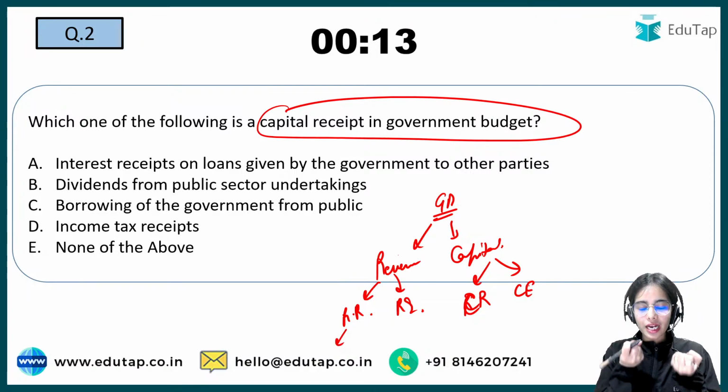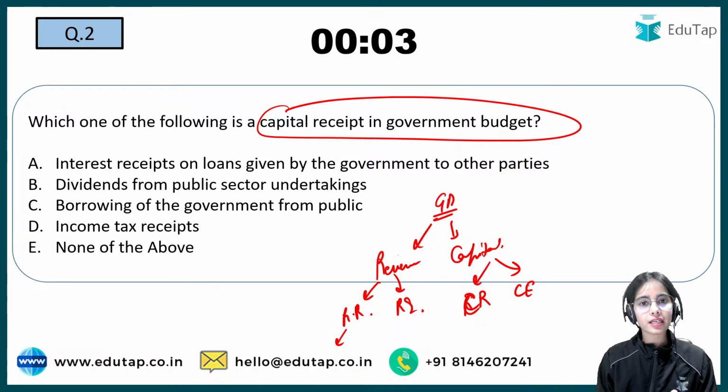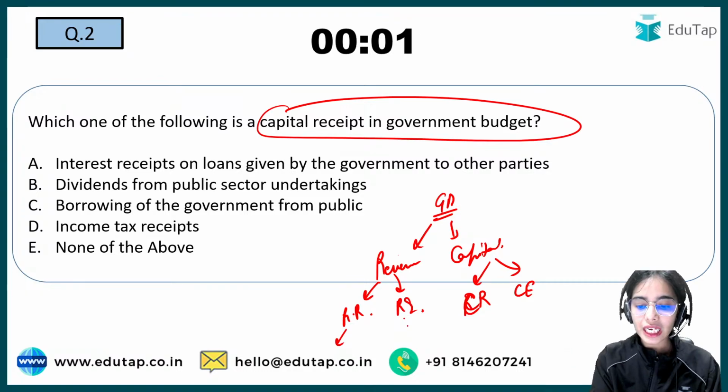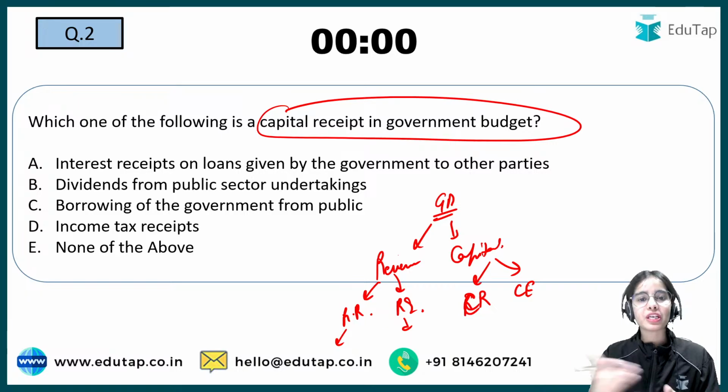Revenue receipts are received by the government in the form of regular payments such as taxes, fees, fines, and dividends, the part of the profit that the government gets from public sector undertakings. Revenue expenditure is the government spending on regular things like salaries, pensions and such.